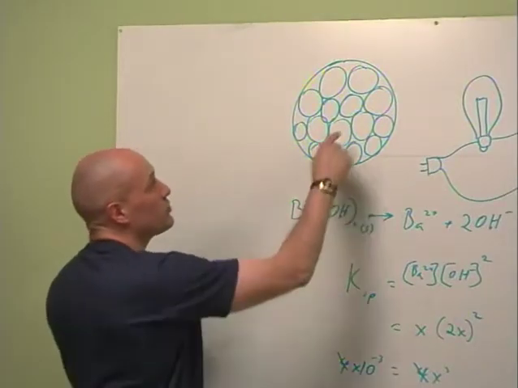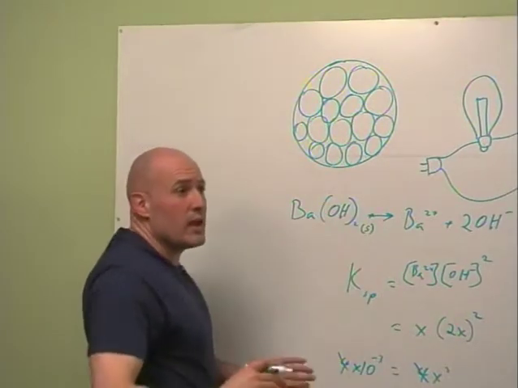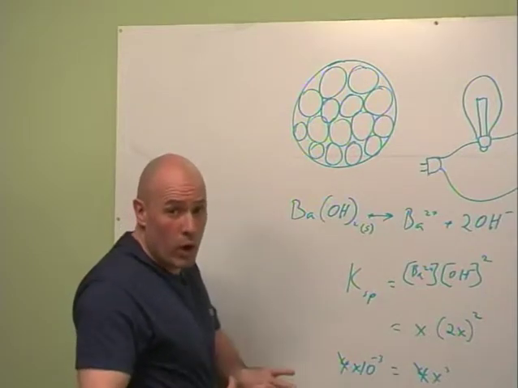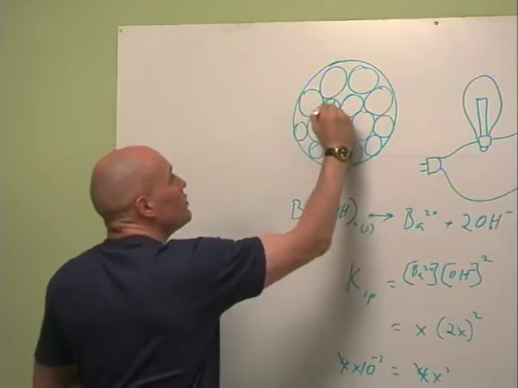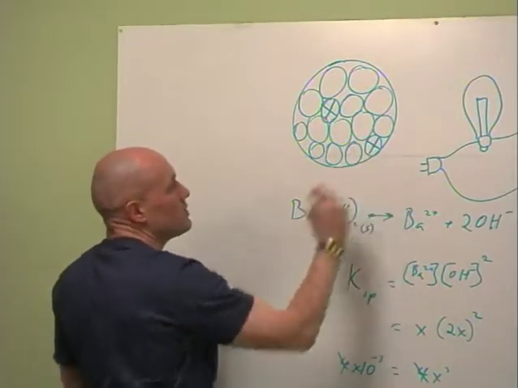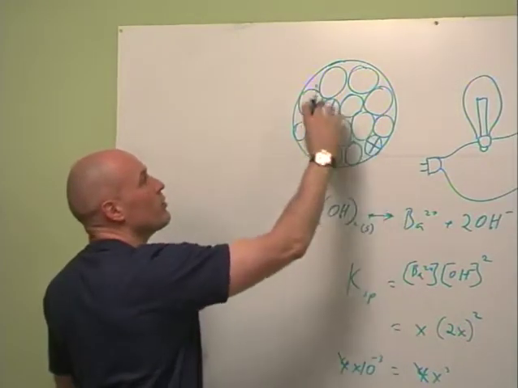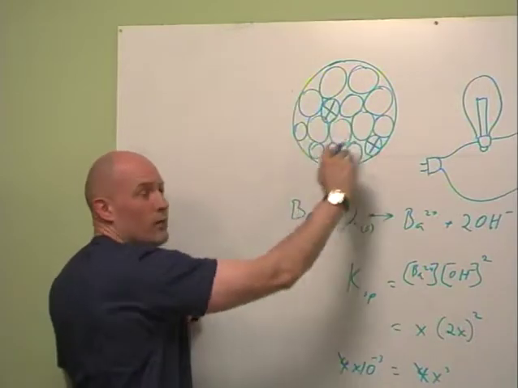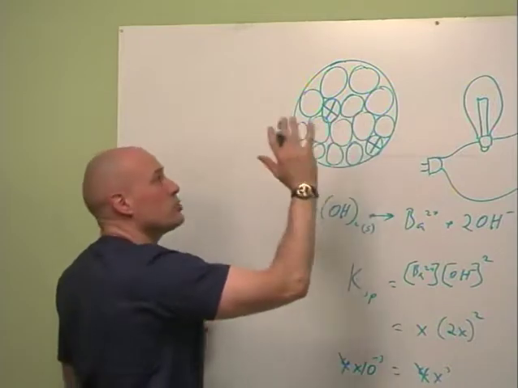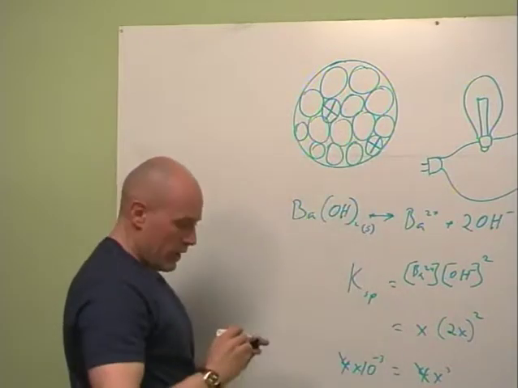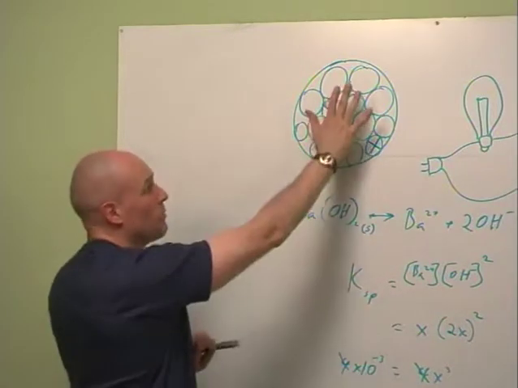If I add a non-volatile solute, and let's say it's a mole fraction of 0.1, in other words, 1 out of every 10 molecules is non-volatile solute, those non-volatile solutes take up some of the space, and they cause fewer of the volatile molecules to reach the surface and be allowed to escape. So I actually lower the vapor pressure when I have these non-volatile molecules.